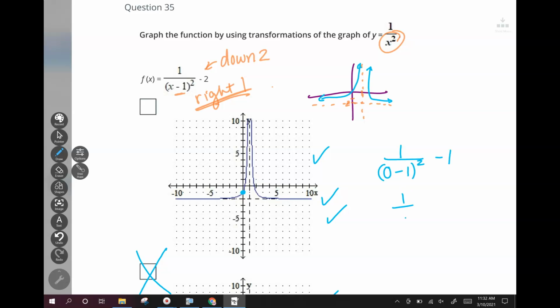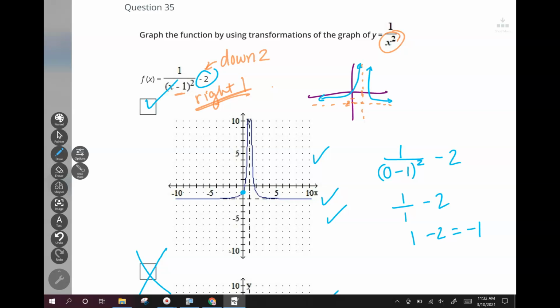So negative 1 squared is 1. 1 divided by 1 is 1. And that should be 0. So actually my y-intercept should be at 0. Oh, sorry. I wrote the wrong number down there. It should be minus 2. Okay, 1 minus 2 is negative 1. So good, that checks out on everything.